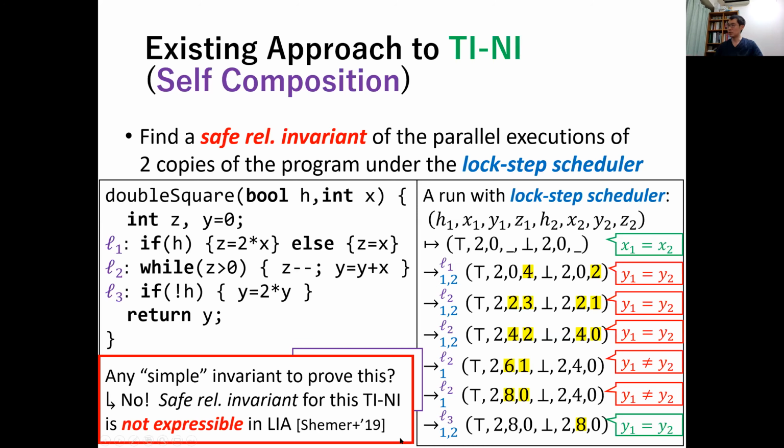This is proved in a paper by these guys. So this is a hard instance of TINI that cannot be proved by most existing methods like invariant synthesis, which are usually limited to linear invariants.